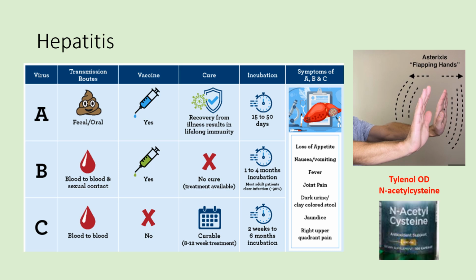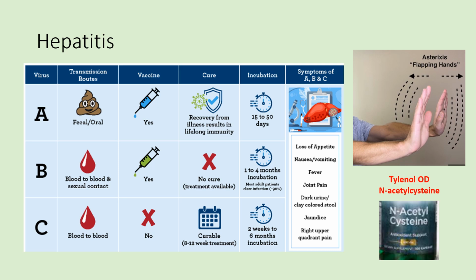Next is hepatitis. We're going to talk about Hep A, Hep B, and Hep C. Hep A transmission is oral-fecal route, so wash your hands after you poop. There is a vaccine for it, and if you get it and you get treated, then you have lifelong immunity.